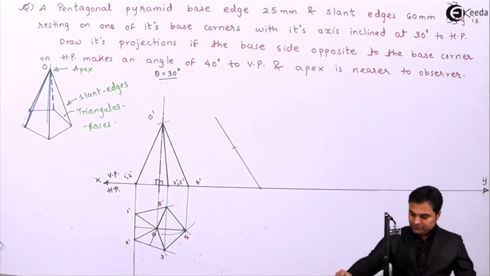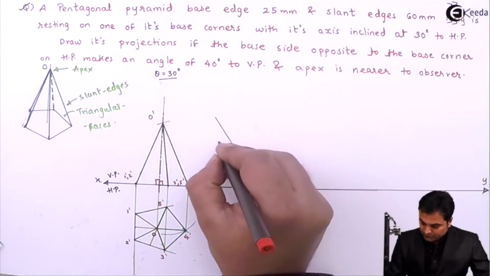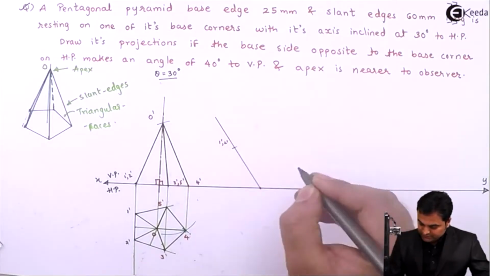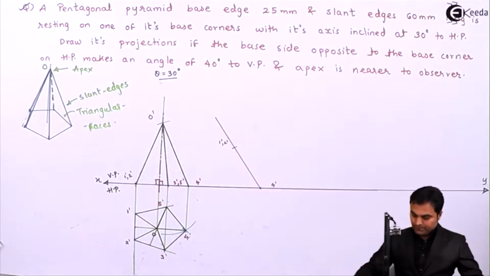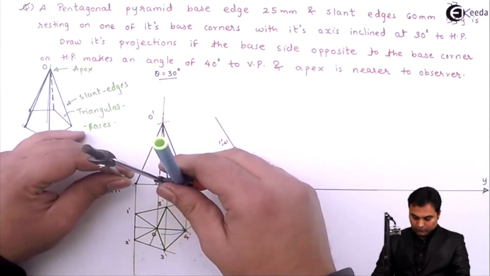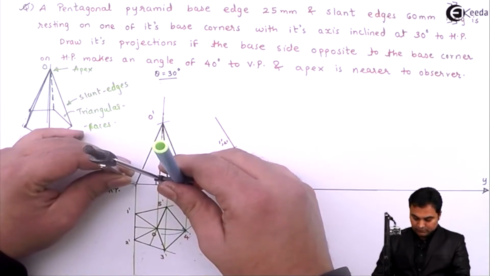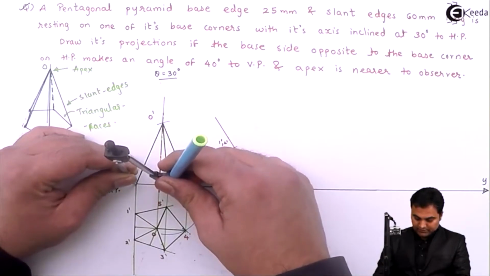Here giving the notations: 1 dash, 2 dash, and this is 4 dash on the corner. Next, from 1 dash 2 dash I'll mark 3 dash and 5 dash.